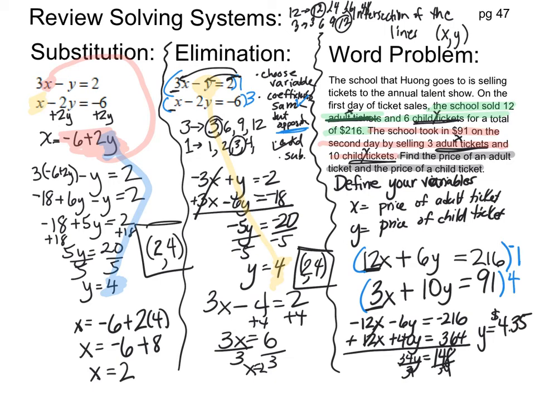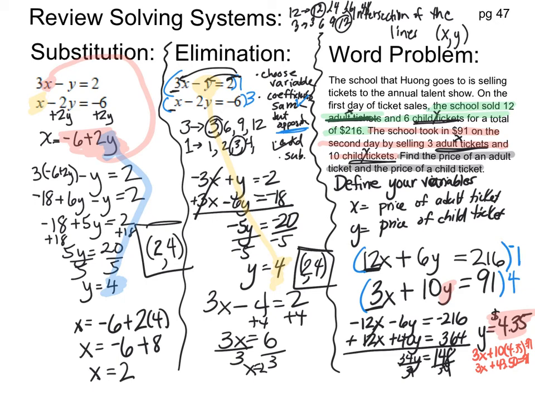So I'm going to substitute 4.35 in for this y. Where I'm going to squeeze all that work, I don't know. So I'm going to have 3x plus 10 times $4.35 equals 91. I'm going to multiply 10 and $4.35, and I believe that would be $43.50 equals 91.